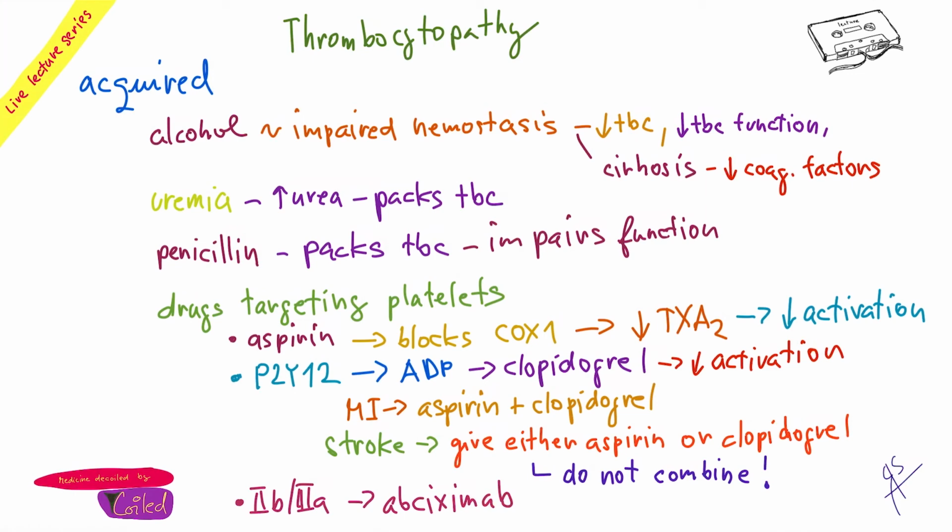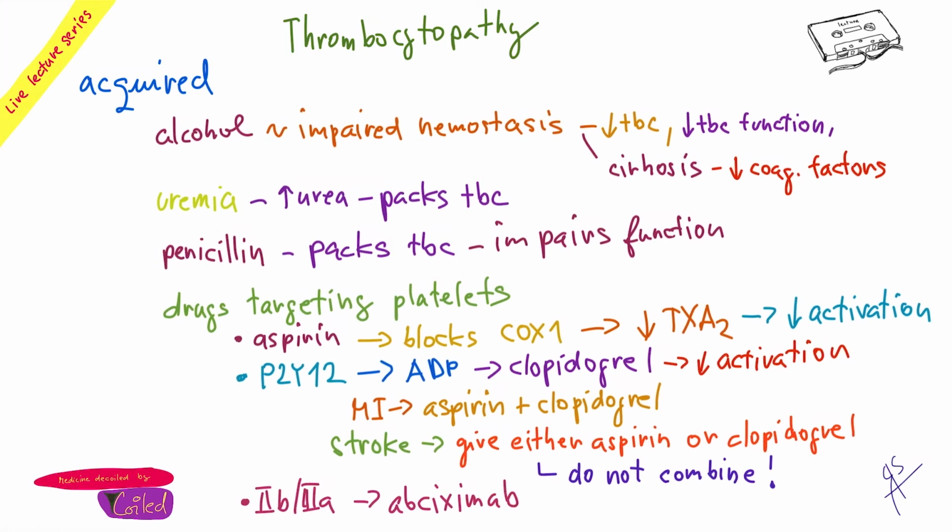That's why they're blocking the aggregation. Again, the cardiologists typically give, for example, a combination of aspirin and clopidogrel, or aspirin and abciximab, depends. I think abciximab is still pretty expensive, so rather Plavix. But this is what they play with.